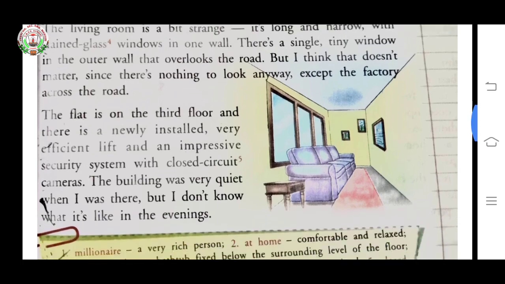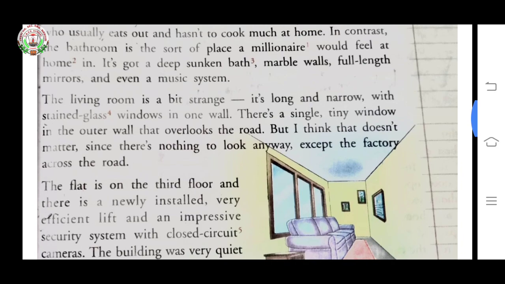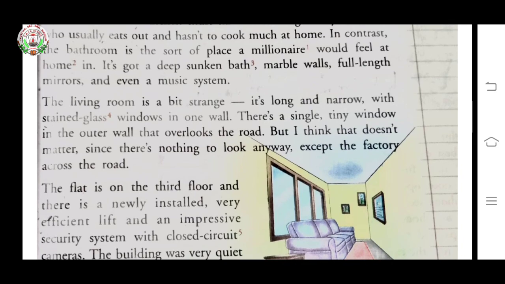Stained glass, you can see the meaning here: glass that has been colored, painted or stained. So in the living room, it was very long and narrow with stained glass windows in one wall.